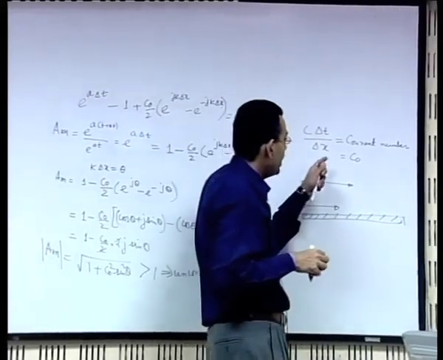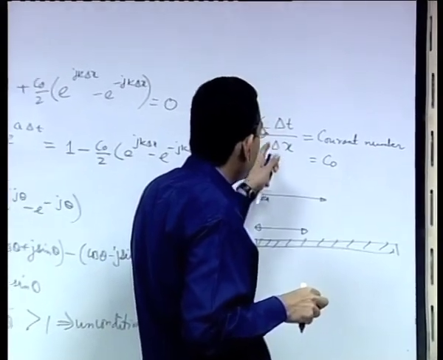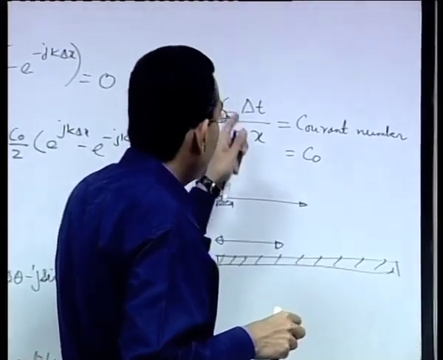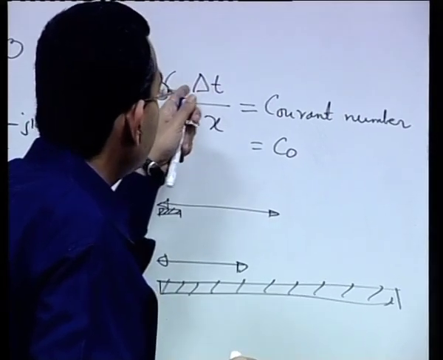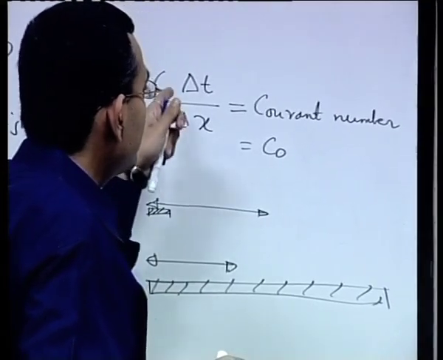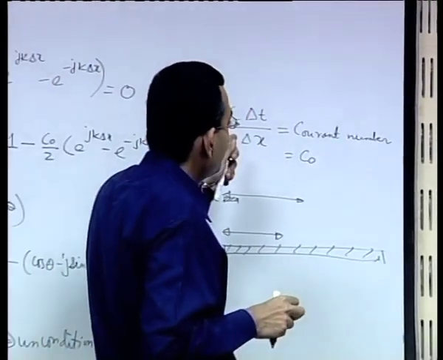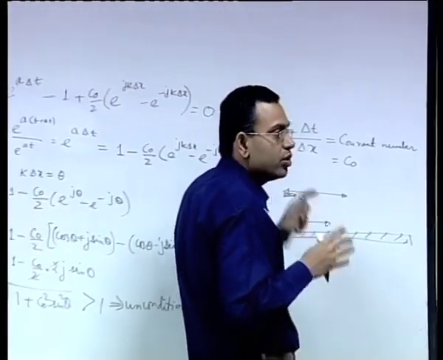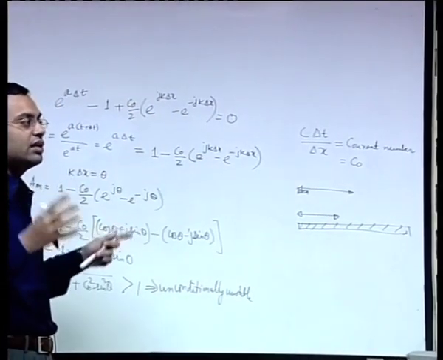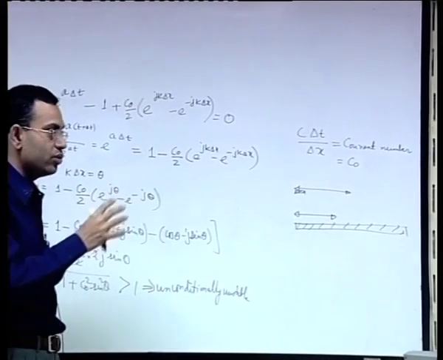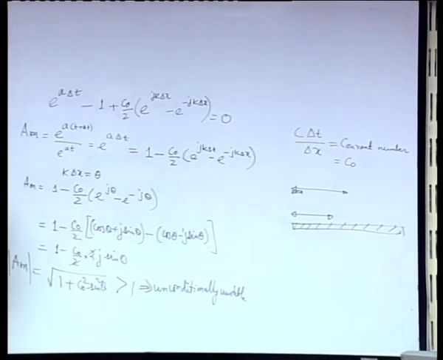So, here you have a time coordinate t and a space coordinate x, and you cannot choose delta t and the corresponding delta x independent of each other, because you have to have a proper resolution of the disturbance propagation against your grid resolution. So, a matching of these two must be accounted for.